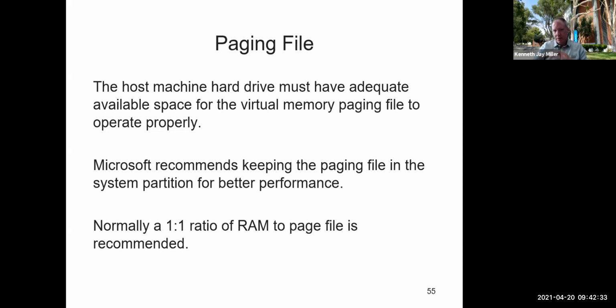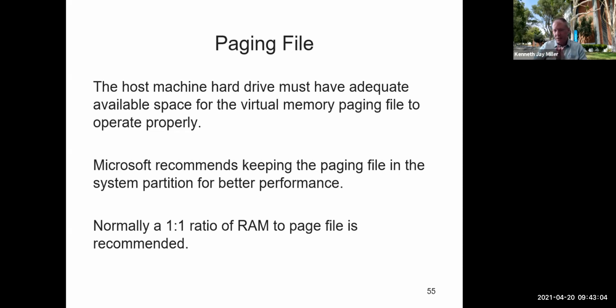So if you are doing Hyper-V and you want it to perform optimally, it's going to need that virtual memory or the pagefile.sys. Now, normally you want a 1-to-1 ratio of RAM to page file. So if you have 32 gigs of RAM, you should have a minimum of 32 gigs of hard drive space, right? So that way they can operate there.